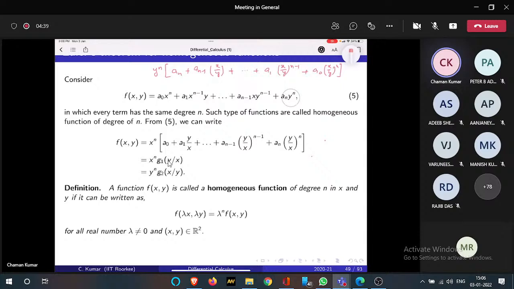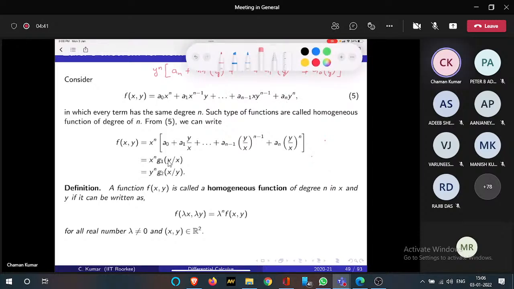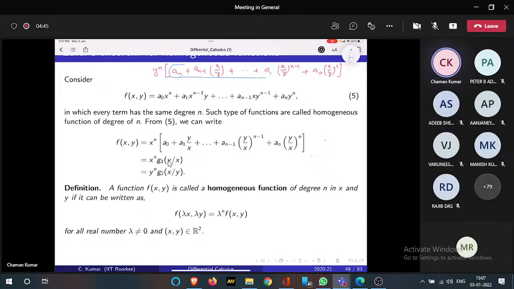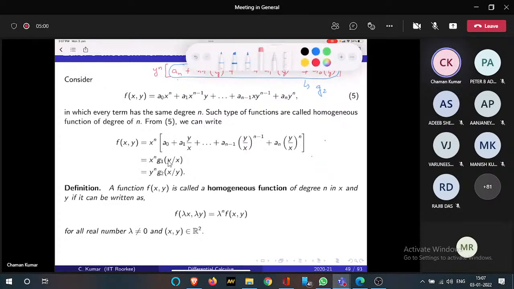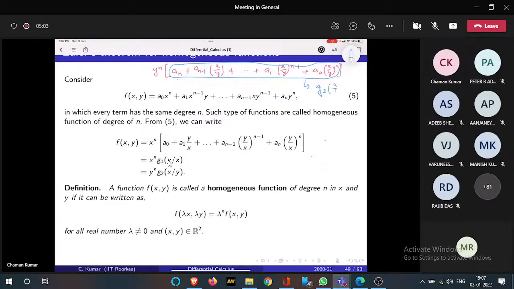so that means we can say that this expression is a function of x by y, and let us denote this function by g2. So we can say that this is a function g2 of x by y.